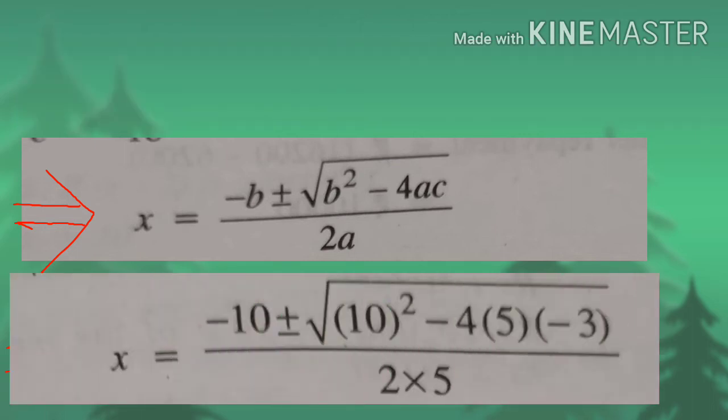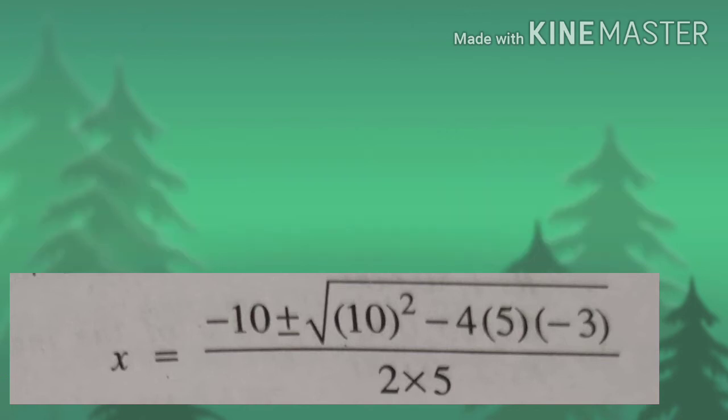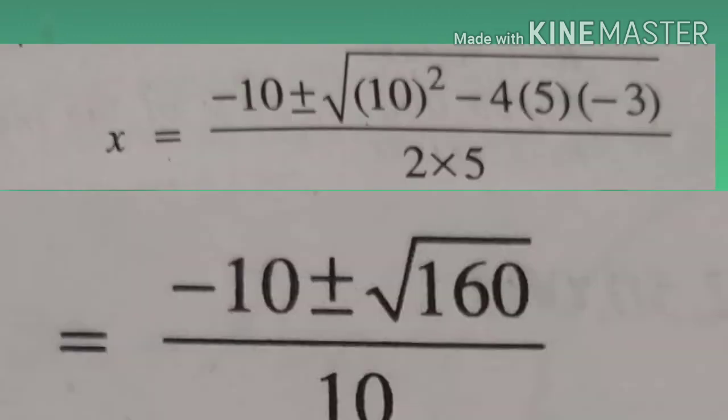This implies that x is equal to minus 10 plus or minus square root of 10 square minus 4 into 5 into minus 3 whole divided by 2 into 5. Here we have substituted b is equal to 10, a is equal to 5 and c is equal to minus 3. This is equal to minus 10 plus or minus square root of 160 whole divided by 10.